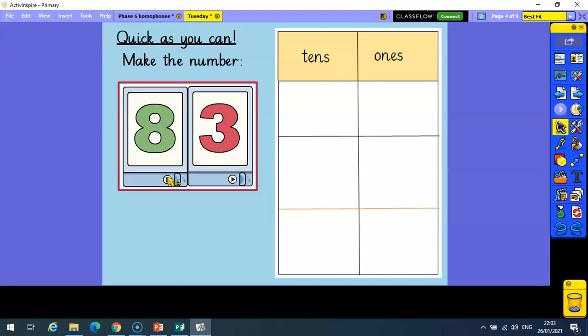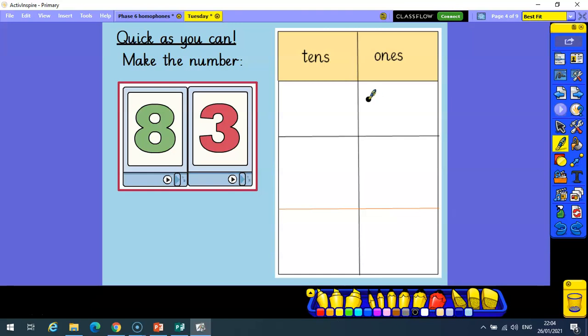Pause the video and make the number 83. Fantastic. How many ones do you have? You should have 3 ones. 1, 2, 3. How many tens do you have? Count and check that you have 8 tens.